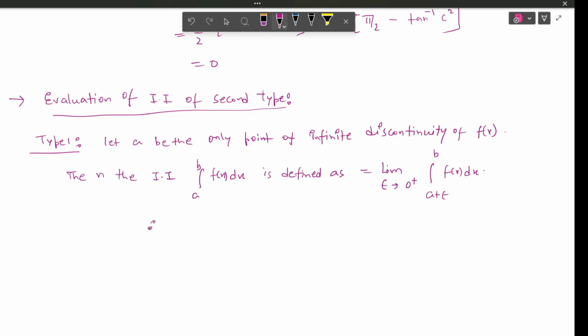Okay, so we can say that integration a to b f(x) dx is the limit epsilon tends to 0 plus integration a plus epsilon to b f(x) dx.